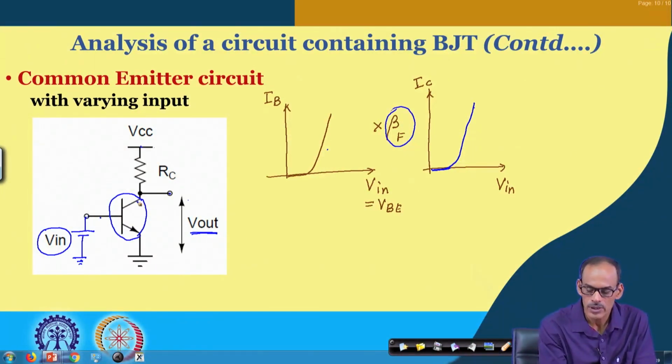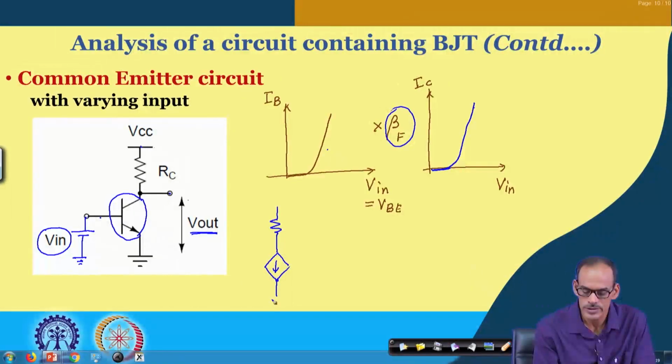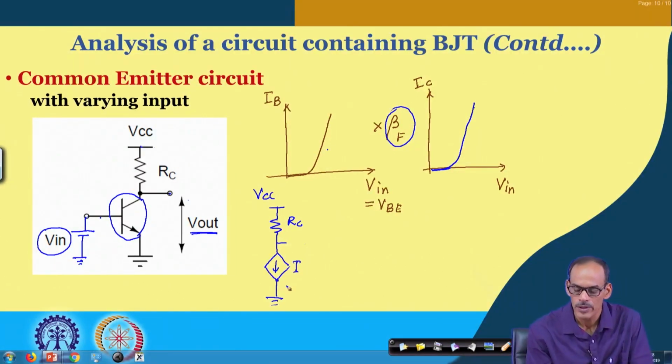Now, if you see the output port, which has an equivalent circuit like this, if I ignore the early voltage effect, we have RC, and then we have the VCC, and then we observe the corresponding output voltage here. We call this V out, and incidentally that is the same as VCE.